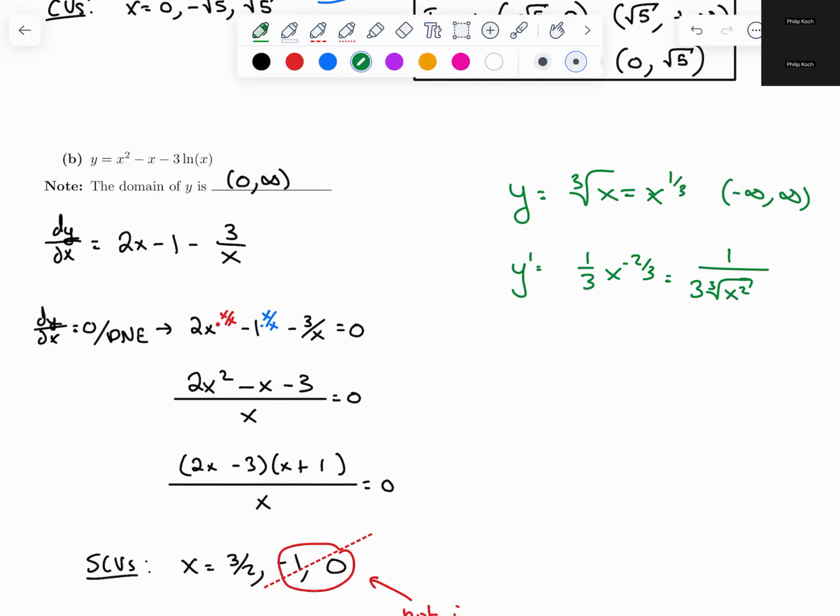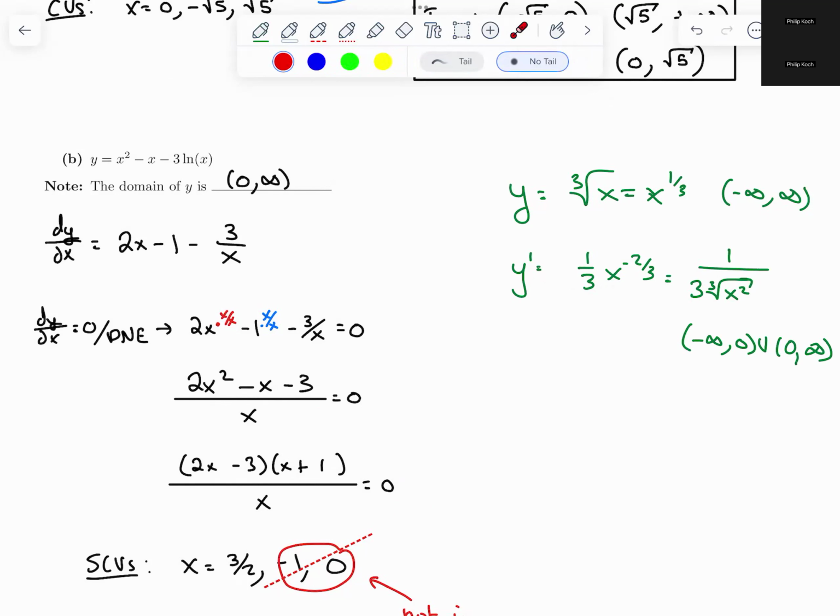Now that derivative, the domain of the original function was all real numbers. So that's a starting point for y prime, and then we pluck out any more problems that y prime has, and it has a problem at 0. So this one's domain is negative infinity to 0 union 0 to positive infinity because y prime is not defined at 0.